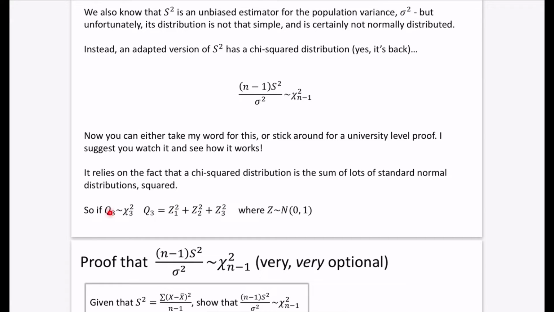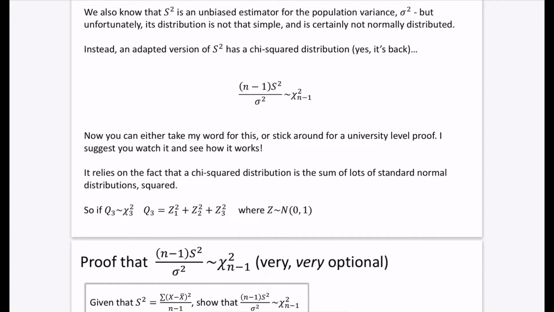So if we had something like Q3, which was the chi-squared distribution with 3 degrees of freedom, it was taking 3 observations from a normal distribution, squaring them, and adding them together. We could write it in this way if we wanted to, but we write it as chi-squared because it is simpler and we don't need to write out a long list of different things.